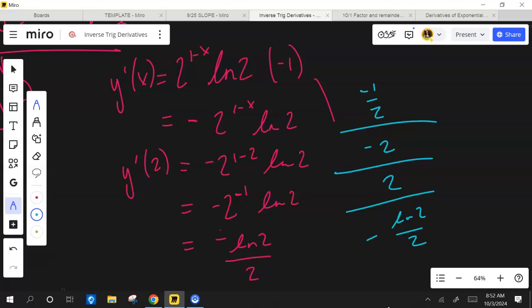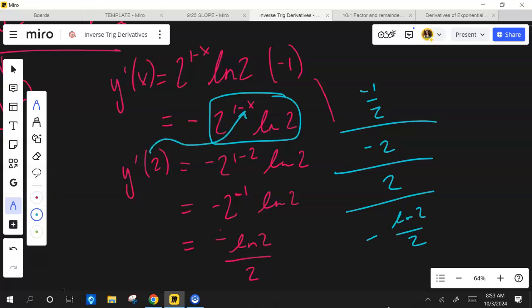That's the key. Why did I give you just a bunch of random ones? Don't always assume that the one that looks out of place is the answer, because it's not the way it is. I took the derivative and I plugged in 2 for the x.